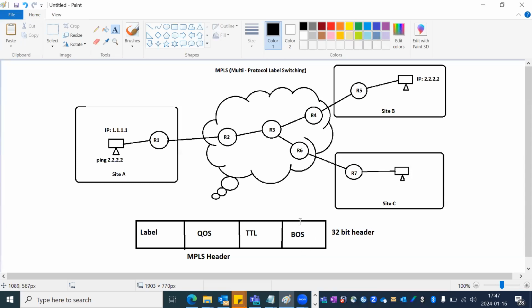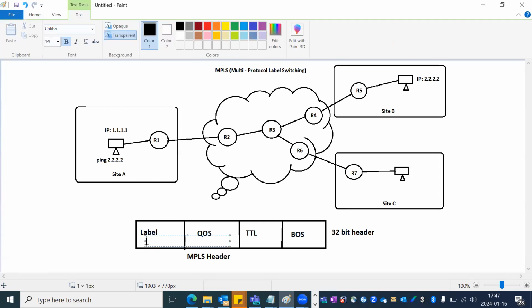In this field, it will show whether it is the last label or it has many more labels. So this field is used to indicate this. So we need to focus here. The size of the label in the MPLS header is 20 bits.